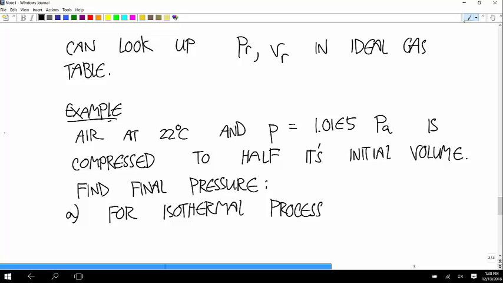And so for that to stay isothermal, for it to stay at 22 degrees Celsius, you'd need the walls of your syringe to be copper or something that conducts heat very efficiently. And you'd have to do it really slowly and give it time for the temperature inside to come back down to room temperature. Okay.